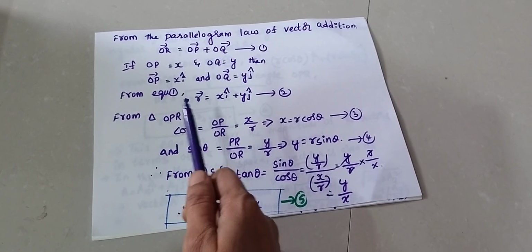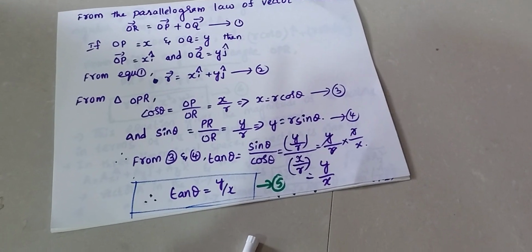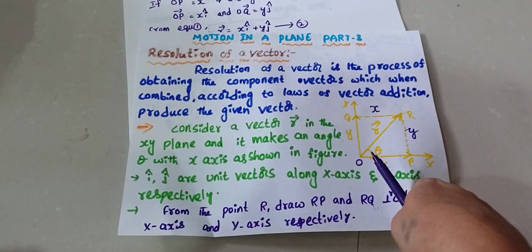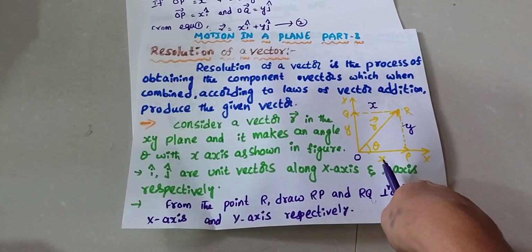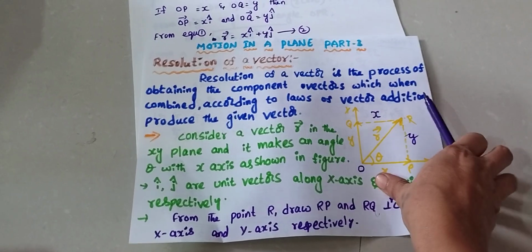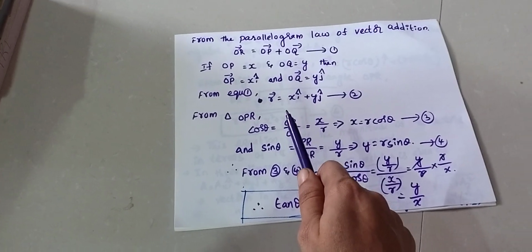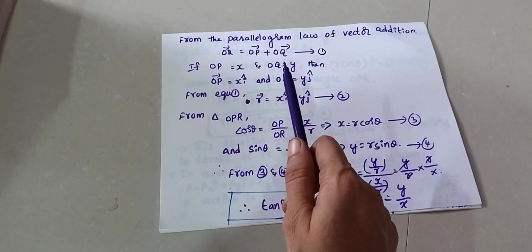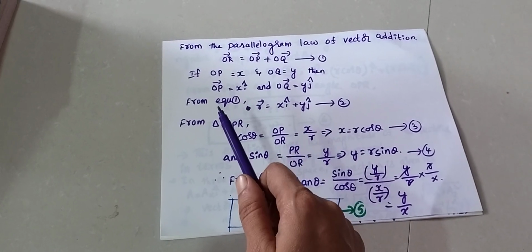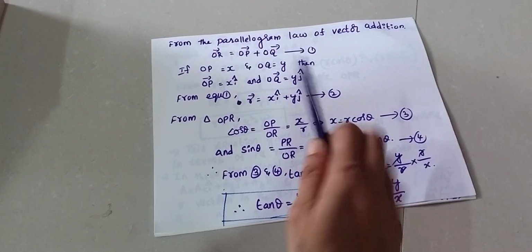From equation 1, OR bar is equal to r bar, OP bar is x bar, OQ bar is y bar. Here r bar is equal to x i cap plus y j cap.